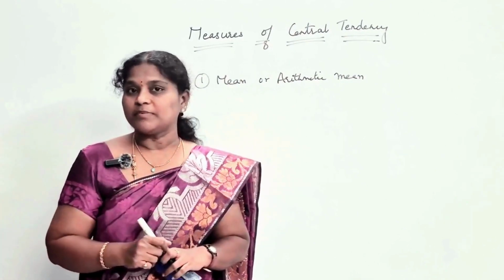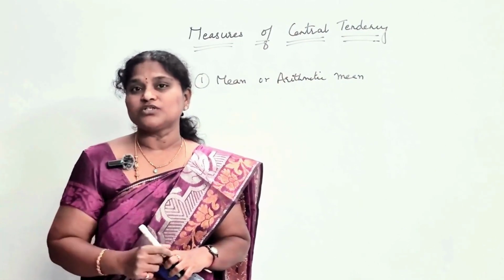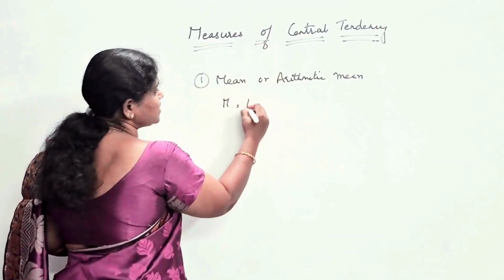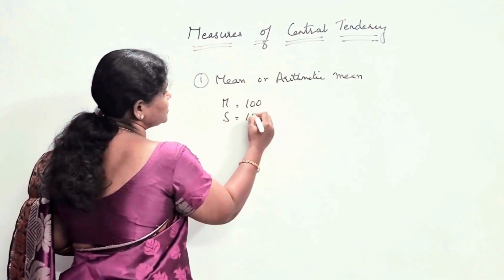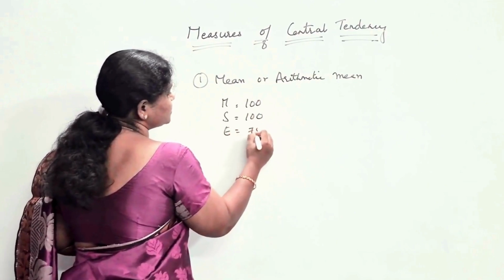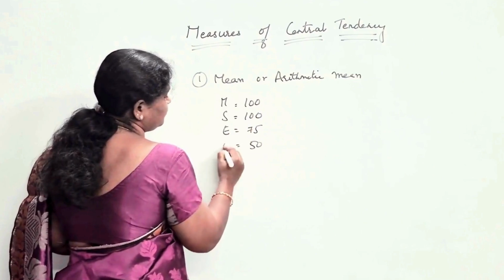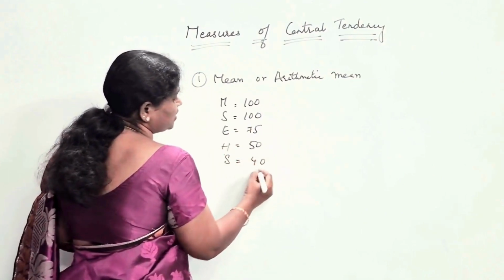In the previous example that we have considered of scores of a student X, we have maths is 100, science is 100, English is 75, Hindi is 50, and social is 40.